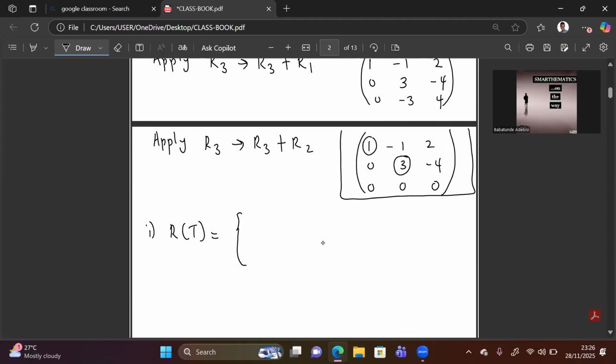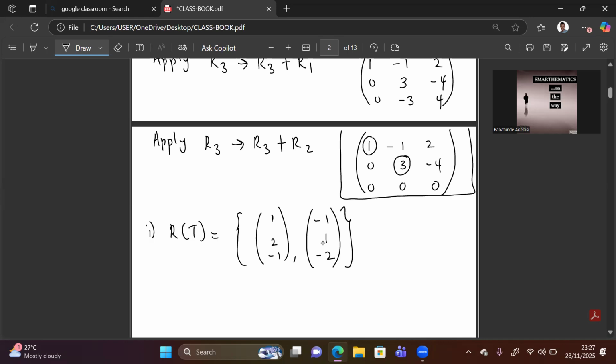So our answer for the range is the first column, 1, 2, minus 1, then the second column, minus 1, 1, minus 2. If you don't get that, you can go back and listen again to get it right. All right, so this is the range of t.